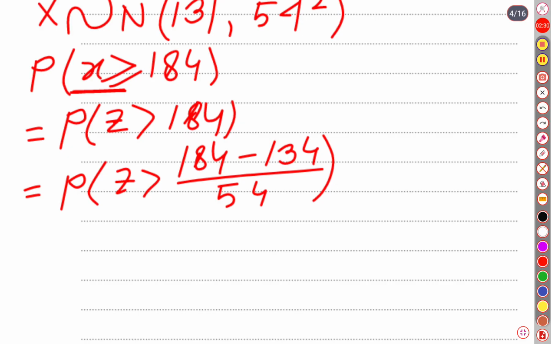Actually, they have already told us that it is a normal distribution question. In a normal distribution question, the variable is continuous, so there is no necessity of doing continuity correction. Suppose here there is 184 gram and they have told that at least 184 gram, that means it may be 184 and more than that.